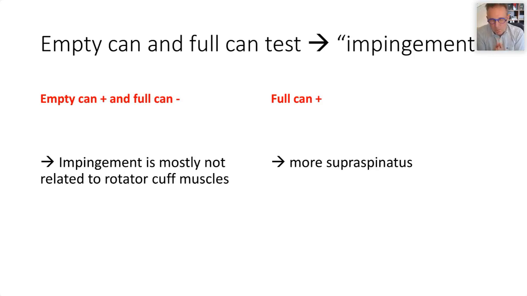But keep in mind what I told you earlier. It's difficult to put stress on the supraspinatus without putting stress on other structures. So just based on a positive full can, concluding I have a supraspinatus lesion, that's not enough. That could be very misleading.